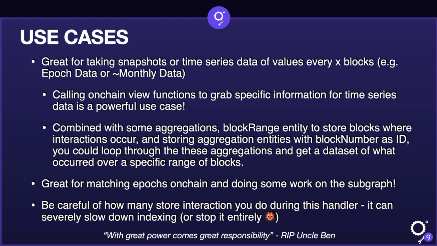It stopped it entirely and made it start from the beginning again, which was quite funny. But I found a kind of nice medium with something like 10. You'll see my implementation and why that possibly failed. So just be responsible with how many store interactions you are doing within this block handler, within this polling handler, because you can immensely slow down your subgraph and even stop it.